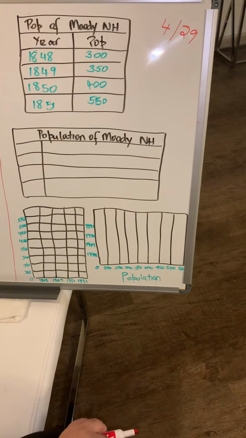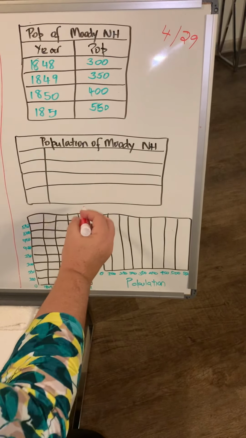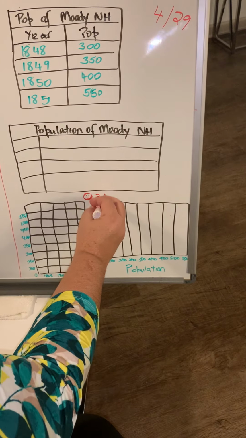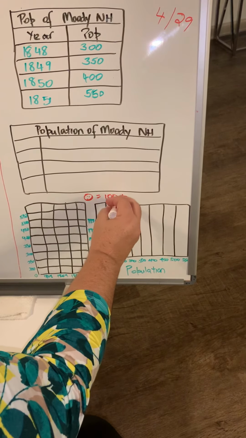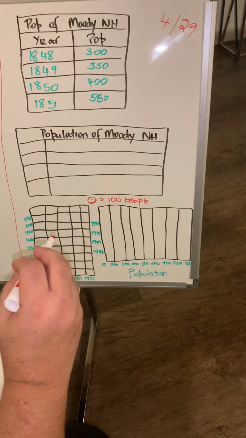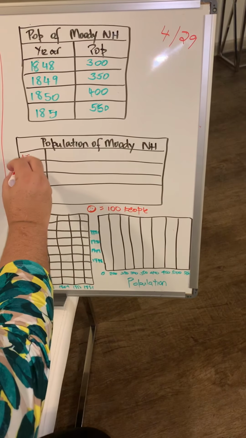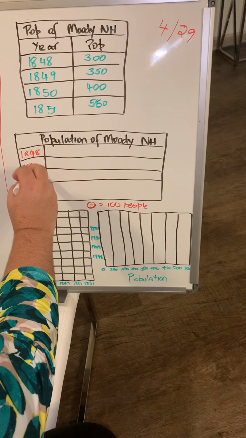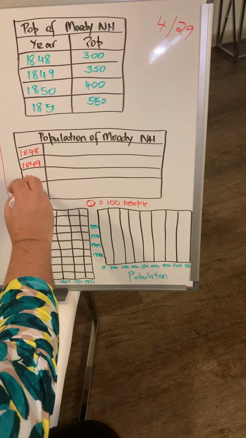So in our pictograph, it tells us that a smiley face represents 100 people, okay? And we now need to fill it in. So we have to put in our years. I actually think the assignment was set up that way.